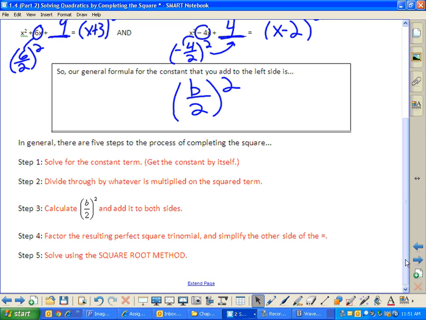You don't even have to worry about that for tonight. It's not going to happen. Step 3, you're going to calculate b divided by 2 squared and add that onto both sides of your equation. What's nice about that is then it makes the left side factorable. So in step 4, you're going to factor the left side and simplify the right side. And then in the last step, you solve using the square root method, aka SADMEP.